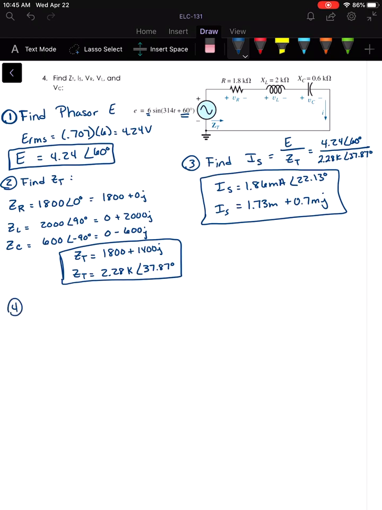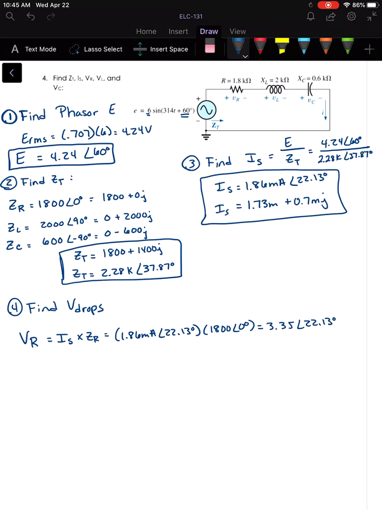And then if we want to find our voltage drops, VR would be that I sub S times ZR, 1.86 milliamps at 22.13 degrees, times ZR, which is 1800 at 0 degrees, so 3.35 at 22.13 degrees.